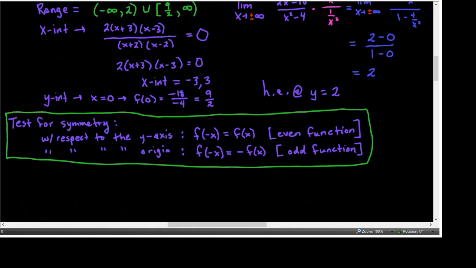Okay, so I'm going to put the opposite of x into our function. So that's going to be 2 times the opposite of x, replacing x, squared, minus 9, over negative x, replacing x, squared, minus 4. Well, the opposite of x times the opposite of x is simply x squared, in both places.